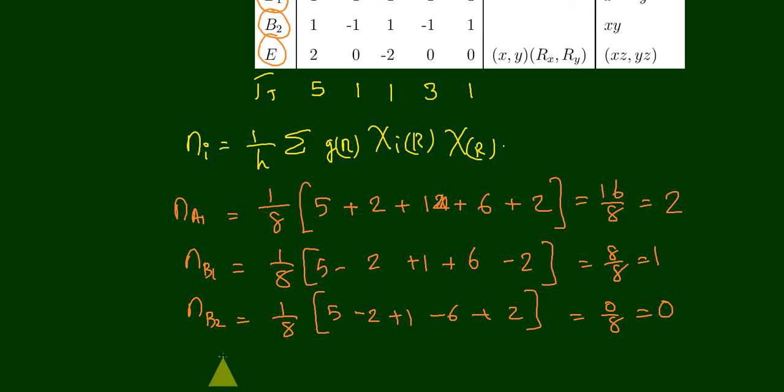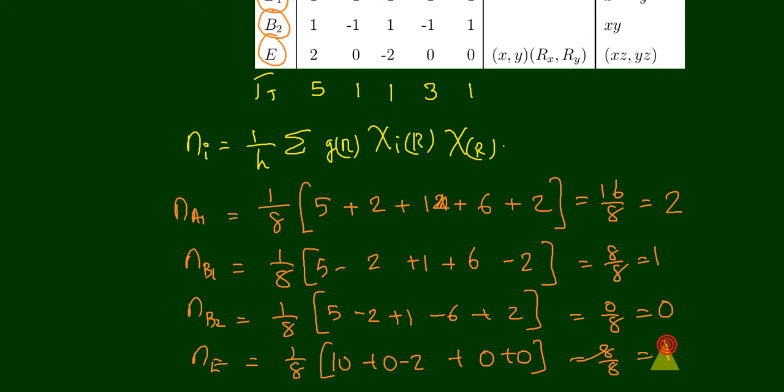And NE is equal to 1 divided by 8 into, then we have the character set here corresponding to E, so we will get a 10, then plus 0, minus 2, then plus 0, plus 0. That is 10 minus 2, 8, 8 by 8 is equal to 1.